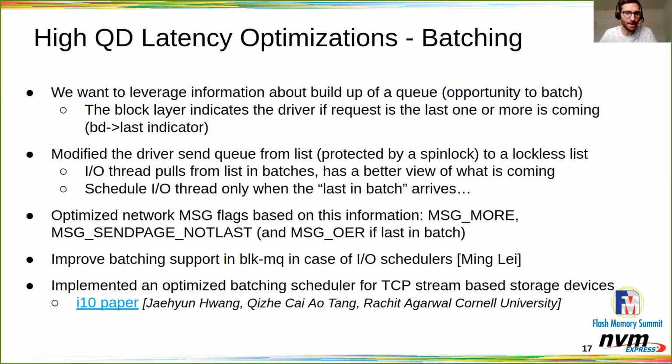You can find that in the I10 paper, which is available through a link, or you can just search for I10 Cornell. This I/O scheduler is on its way upstream and will be submitted soon.